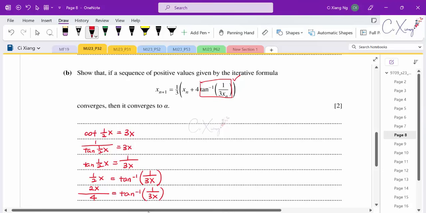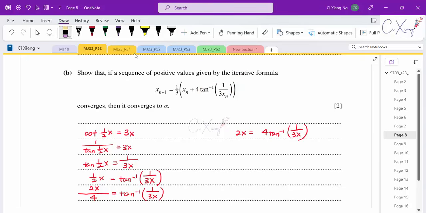Next step, I will move the 4 over. Therefore, I have 2x equals 4 tangent inverse of 1 over 3x. So you can see that I am one step closer to the iteration formula.